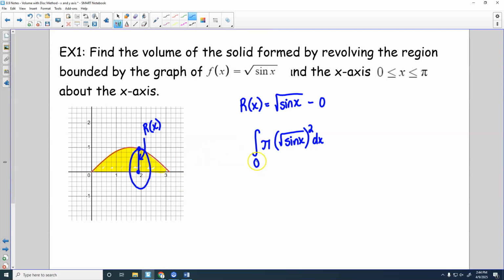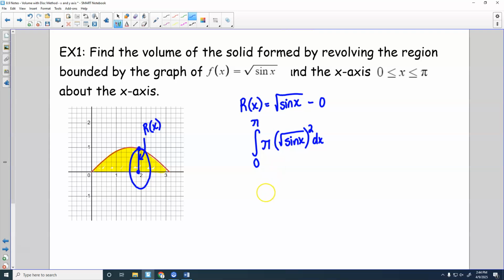So I definitely go from 0 to what? Pi. And this pi right here, in the formula on the first slide, I had it on the outside. You can put it on the inside or the outside. Sometimes it's easy to forget it if you put it on the outside. But this is pi, whatever that radius equation is, squared.